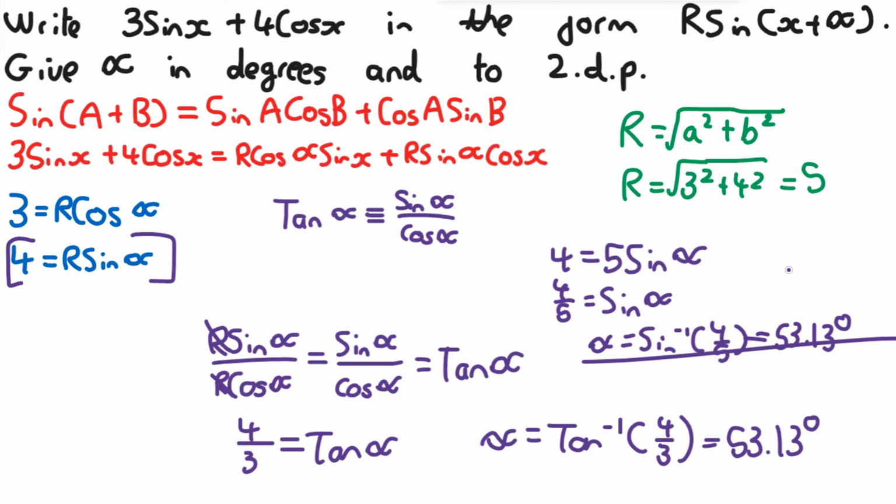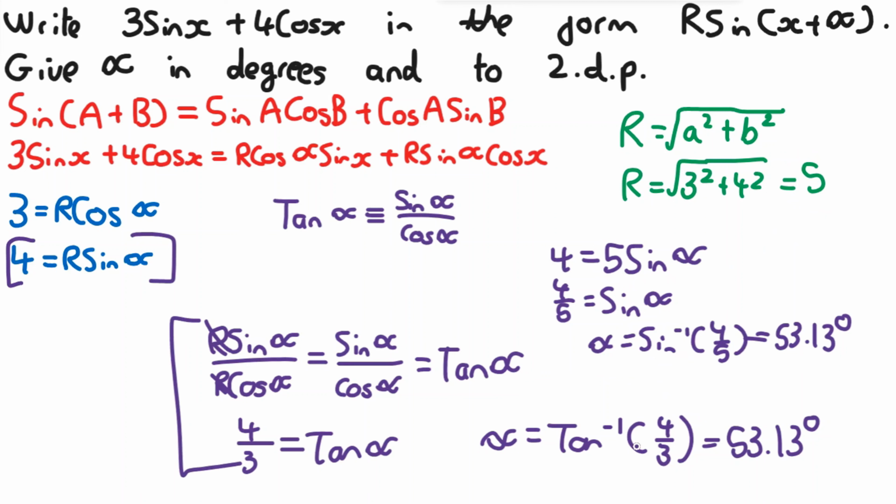This is a perfectly valid way of doing it. The mark scheme says that it is, and it validates that you can do it like this, and it will give you the marks. The textbook and a lot of sources don't really like you doing it this way, I think because if you figure out r wrong and get the wrong answer, because you're using your value of r here, you're also going to get your value of alpha wrong.